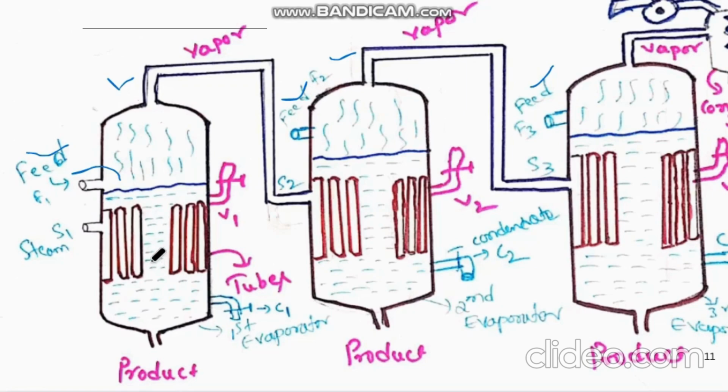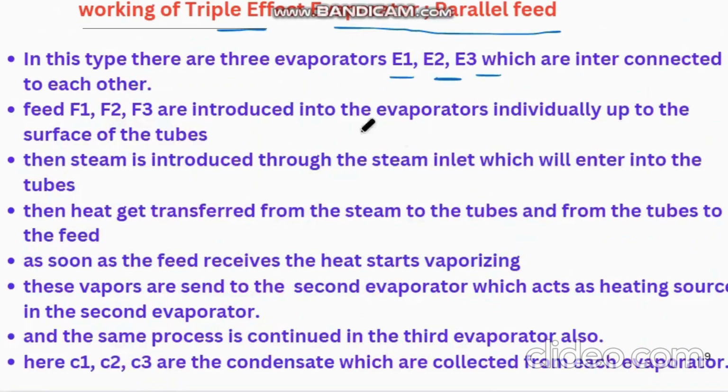Then it is introduced in the evaporator and it starts boiling, and the vapors which are produced are sent to the next evaporator through this tube, which is connected to the second evaporator at the inlet called the steam inlet, S2. That is, the vapors produced from the first evaporator act as the heating source for the next evaporator, that is, the second evaporator.